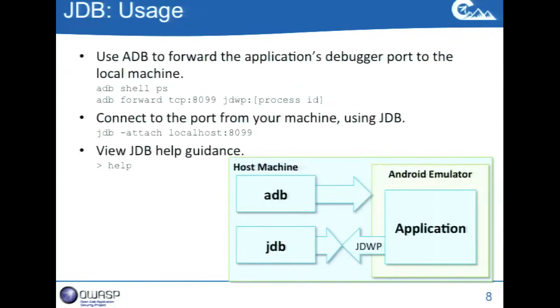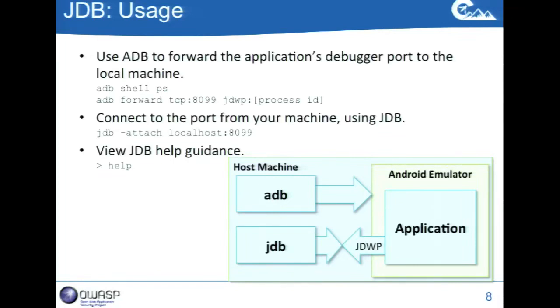Here's just a quick diagram of what the connection and state looks like, right? If you've got an application that's running on your device or in the emulator, you can use ADB to forward a debuggable port to your host machine so that you can attach to it with any type of debugger.